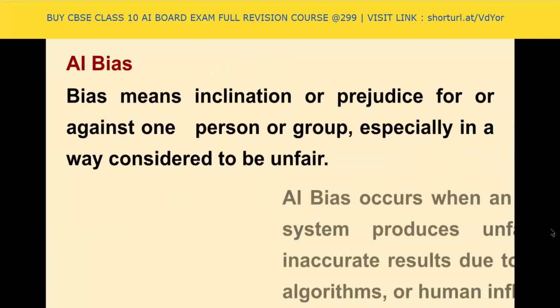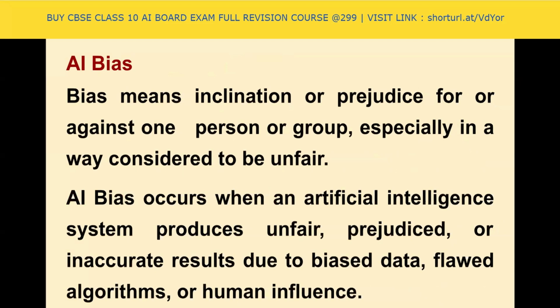Now, what do we mean by AI bias? Okay, so biases are there. But in the context of machines, what do we understand by the bias concept? Bias means inclination or prejudice for or against one person or group, especially in a way considered to be unfair.